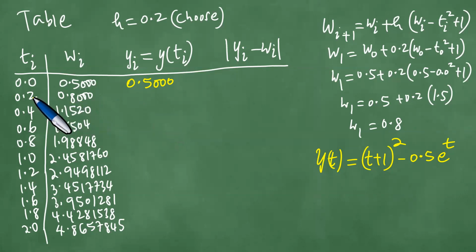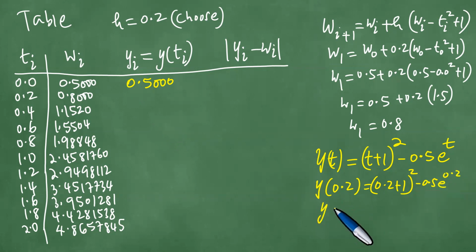So if you have T1, which is 0.2, so you put 0.2, it's going to be 0.2 plus 1 squared. Okay, let me just write some of the things. So you're going to have 0.2 plus 1, squared, minus 0.5 e to the 0.2.